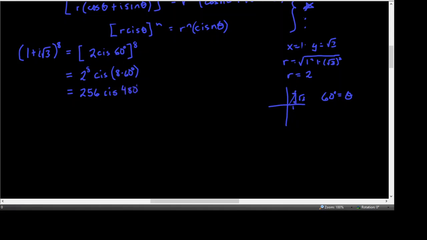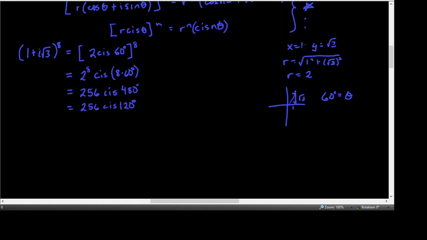And then remember, we generally would like to deal with that as an angle between 0 and 360 degrees. Makes life easier. So if you subtract 360 degrees from that to get a coterminal angle, you should get 120 degrees. That's where that 120 came from. I was getting ahead of myself.